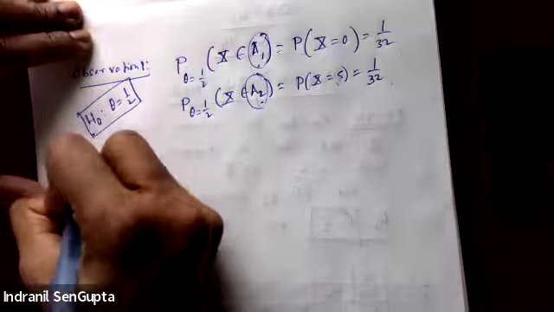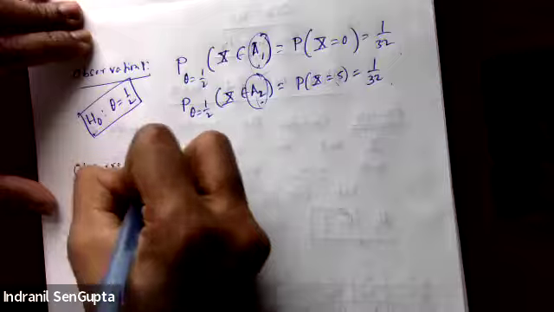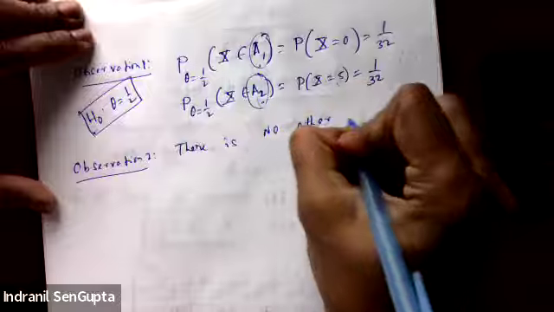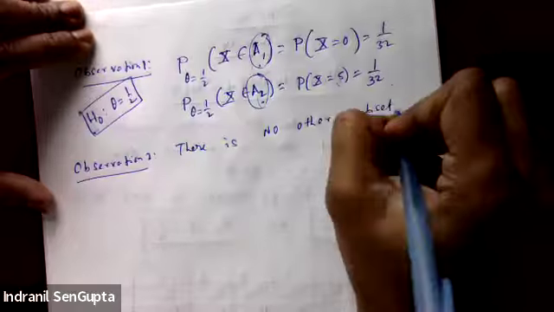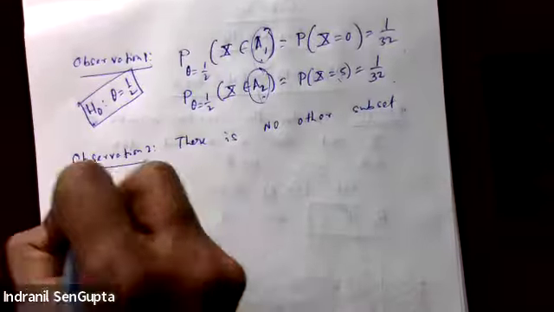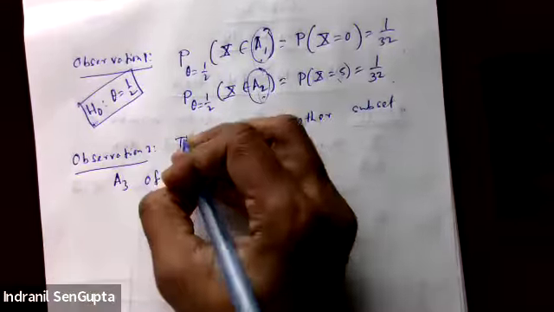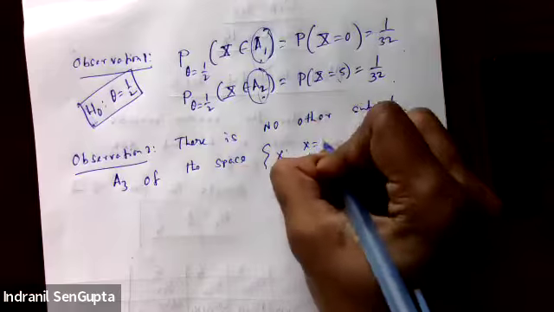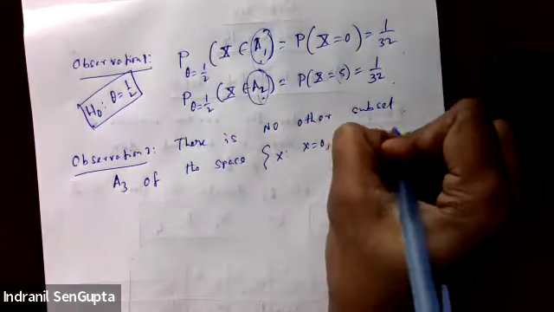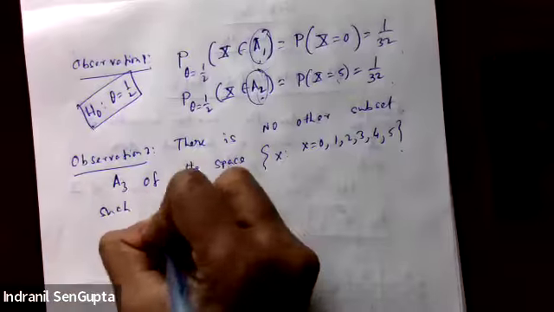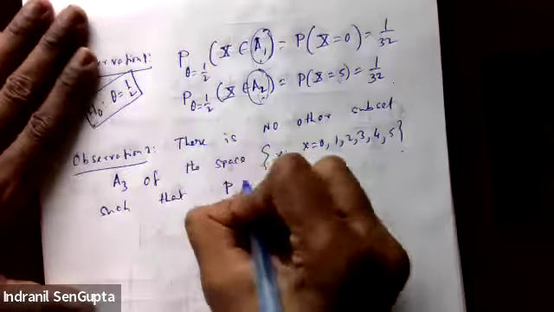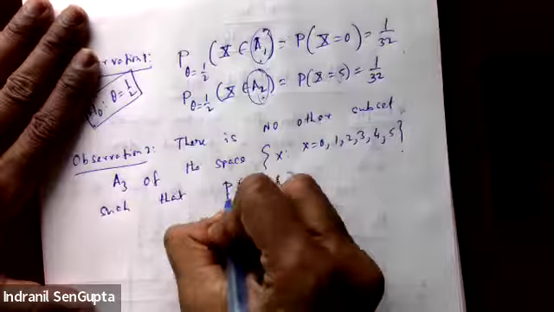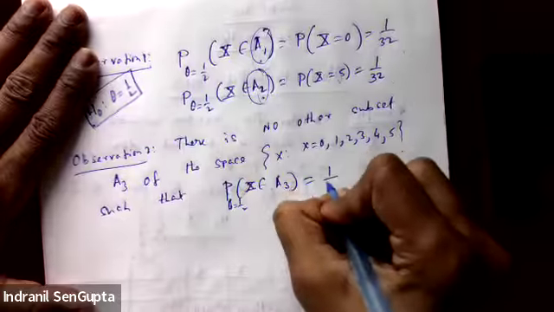Also observe, observation 2, there is no other subset A3 of the space X, such that X equals 0, 1, 2, 3, 4, 5, such that the probability of X in A3 under the null hypothesis, meaning theta equals 1/2, is equal to 1/32.